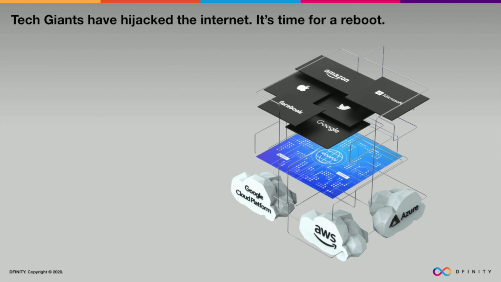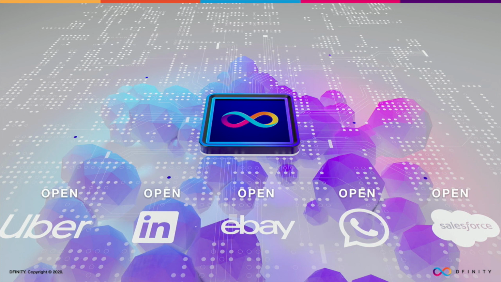So really what we're seeing is that the space for innovation is shrinking because of this. And so at Dfinity, we're committed to building the internet computer, which we hope will restore the internet to its original roots of being this dynamic, collaborative, and innovative ecosystem.